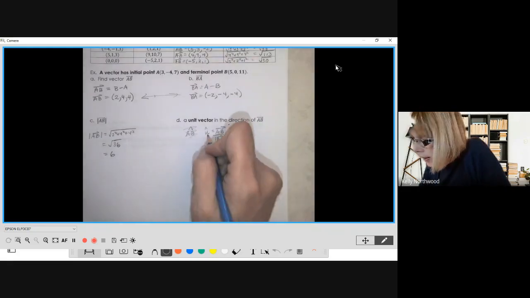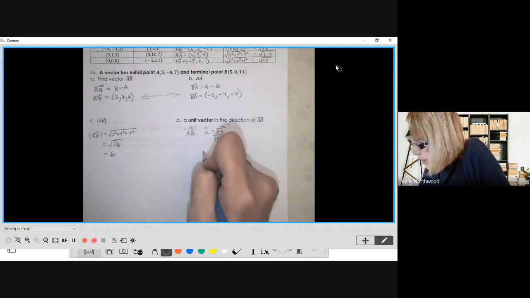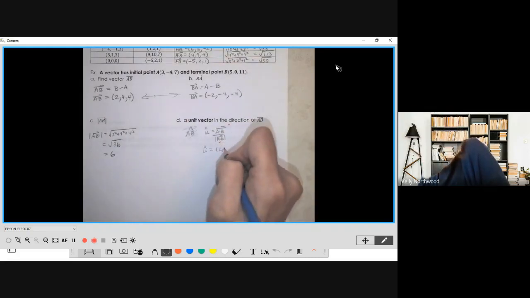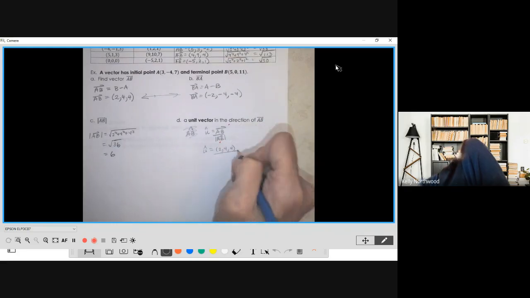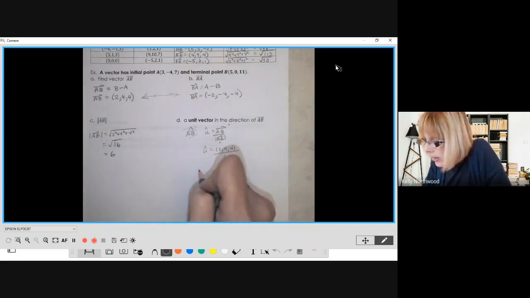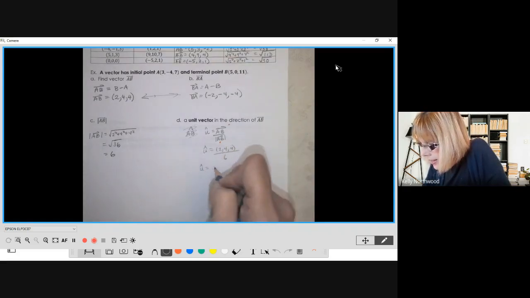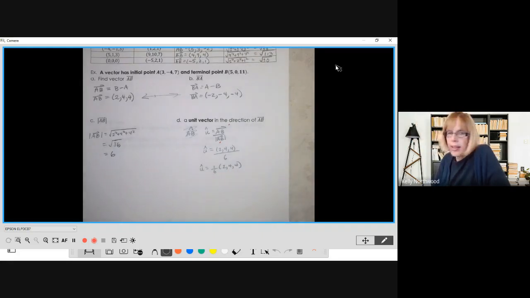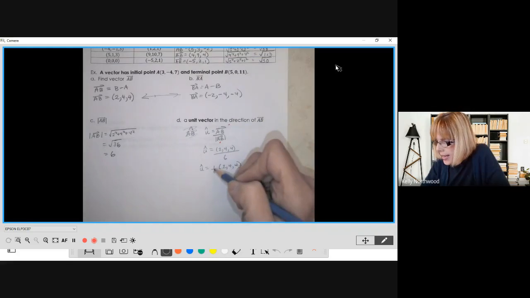All right, so our unit vector U hat is vector AB, which is 2, 4, 4, over 6. And we can think of that as 1/6 times vector 2, 4, 4. And we can multiply a scalar by a vector using the distributive property.